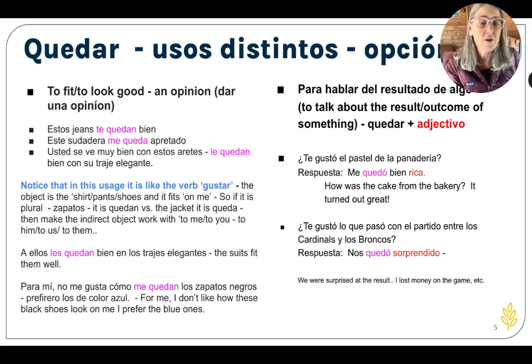So it left us, or it resulted in us being surprised. We were surprised at the result. I lost money in the game, whatever. So quedar can be used in two different ways here. In this one, it's to fit or to look. And in this one, it is to seem or as a result of. Okay, here's another one.